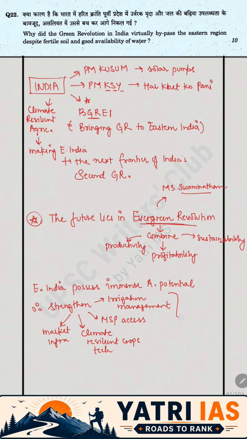So all these things can transform the region into nucleus of India's evergreen revolution, ensuring productivity, profitability, sustainability. So that is how you could end your answer on a very positive note by citing M.S. Swaminathan himself using these pointers.